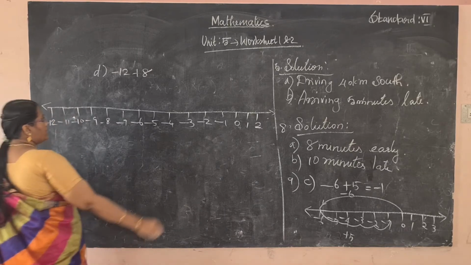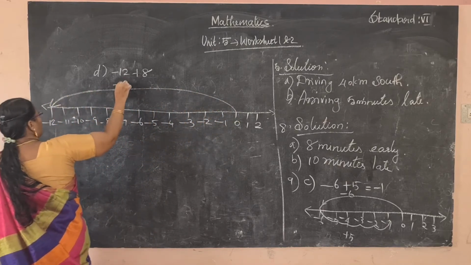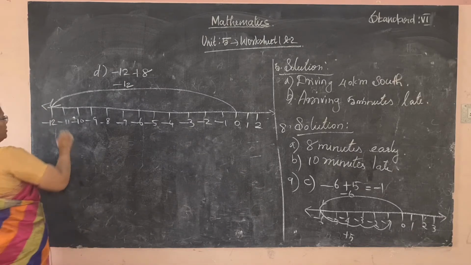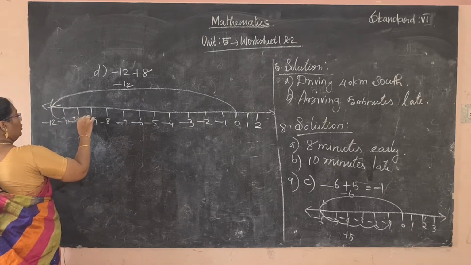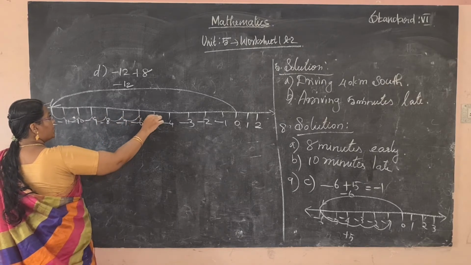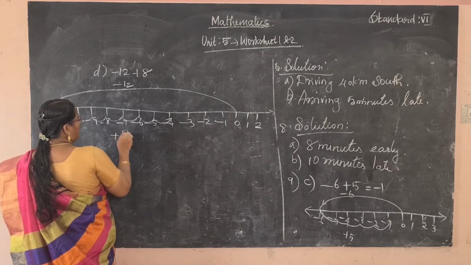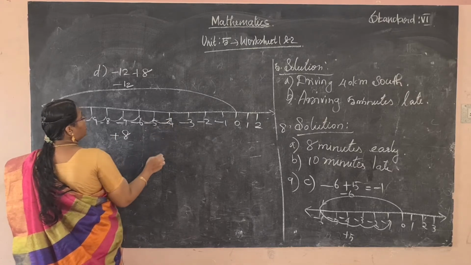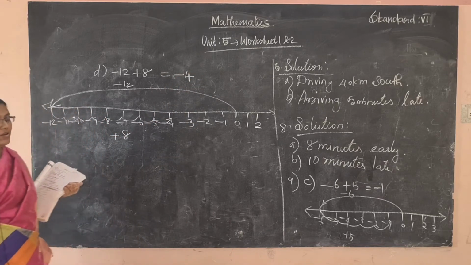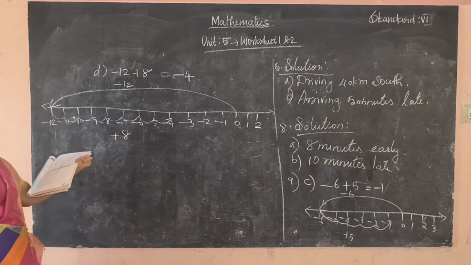Okay, so 0 to minus 12. Added 8. So 1, 2, 3, 4, 5, 6, 7, 8. Plus 8, what we get? We get the value minus 4. Okay, right. The remaining first two problems are homework.